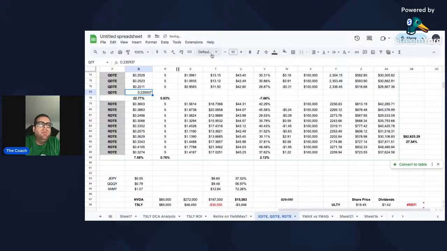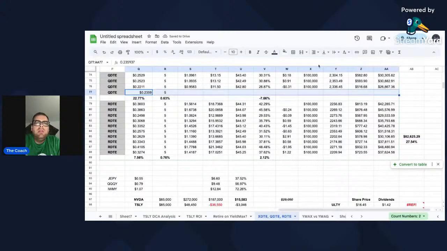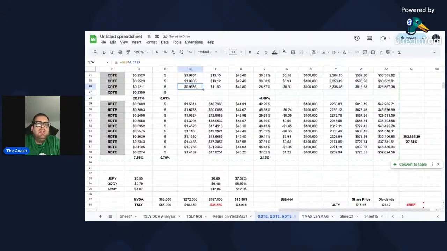I'm like high or something here. No, it's dollars, not percent. Percent we get to later. Okay, so we got this one, this one, this one. Let's center it. Here we go. Okay, so we're going to take this one. This is going to be $1.02 monthly. Annualized, it's going to be $12.27.